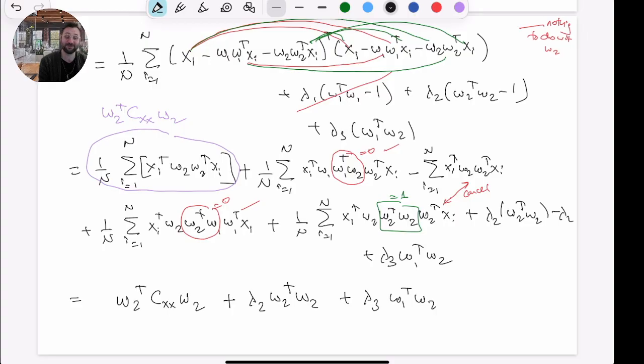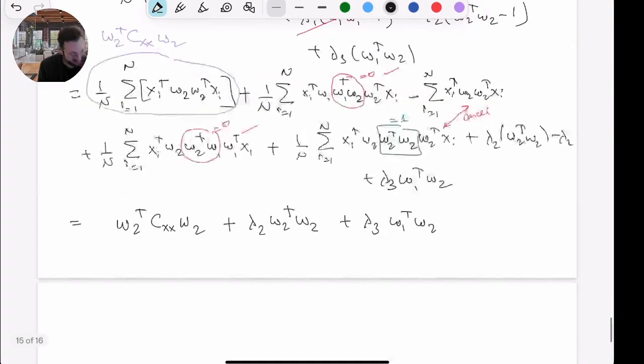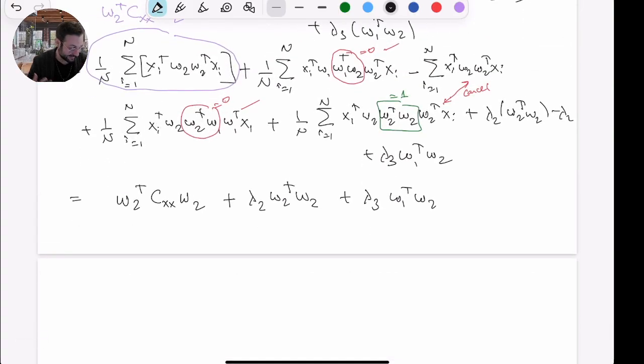It would have been great if I didn't have this last term, but it is the last part that made all of the cancellations. Remember, I have to have it such that I have all of these zeros. If it weren't for the last term, I would have said it's another eigenvector.